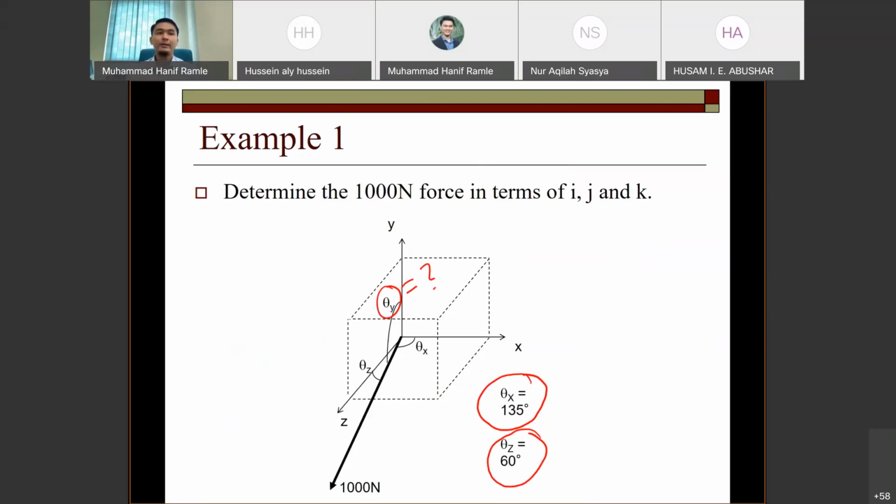Do you have any idea how to find theta y? Cosine square of x, plus cosine square of y, plus cosine square of z equals 1. Yes, correct.